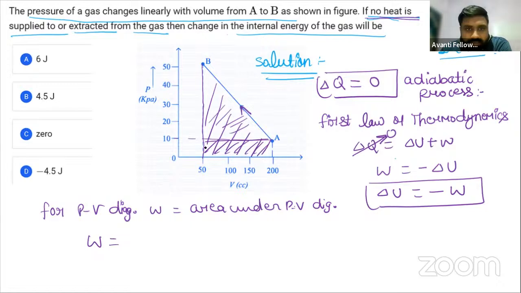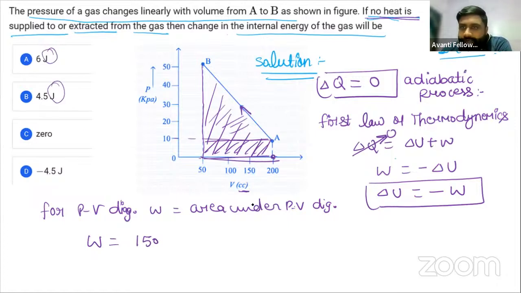For the area of this rectangle, the length starts from 50 and ends at 200, so the difference is 150. But one thing you need to focus on is that the volume given here is in cubic centimeters, cc.